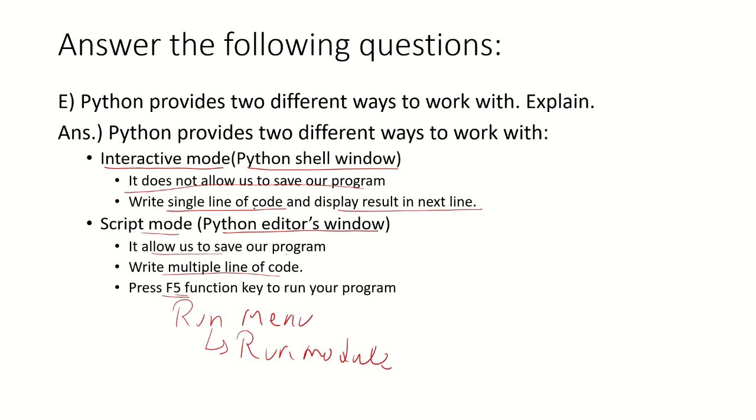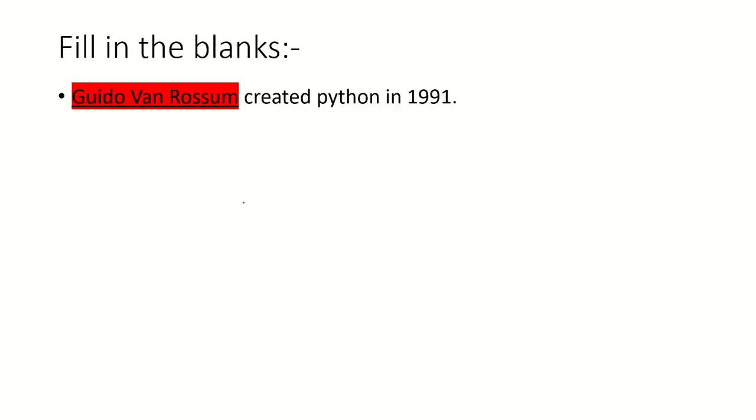Now the question answer section is complete. Let us see fill in the blanks. The first one is Guido van Rossum created Python in 1991. Who is the creator of Python? The name is Guido van Rossum in the year 1991.